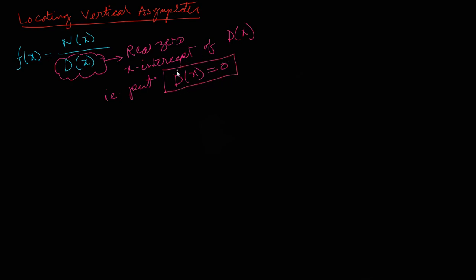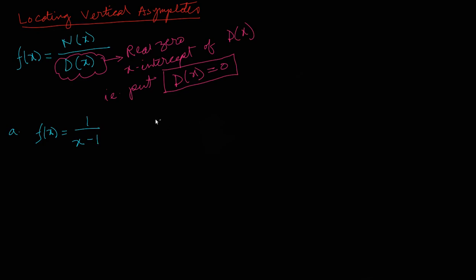Okay, so let us do some examples. All right, so let's say I have a function a, f of x, which equals 1 over x minus 1.